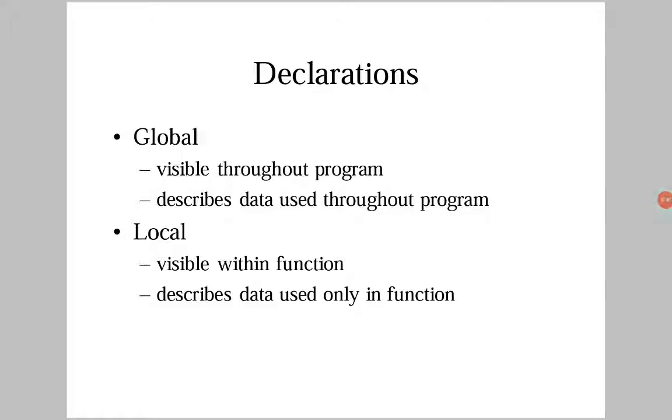For declarations, variables are of two types: global variables and local variables. Global variables are visible throughout the program, whereas local variables are visible, or accessible, within the function only, and describe data used only in functions.